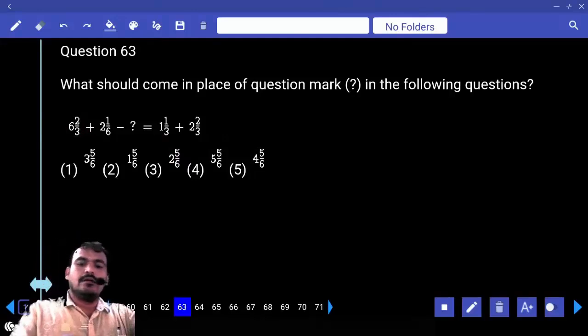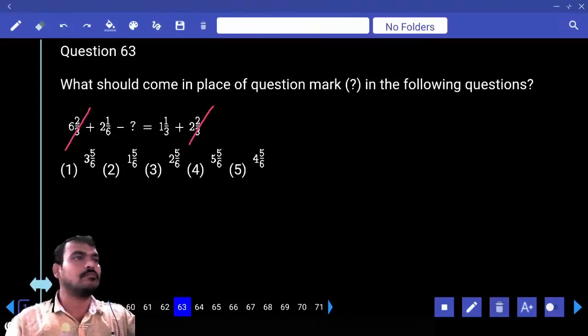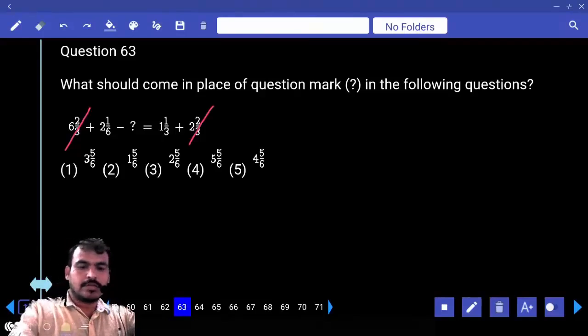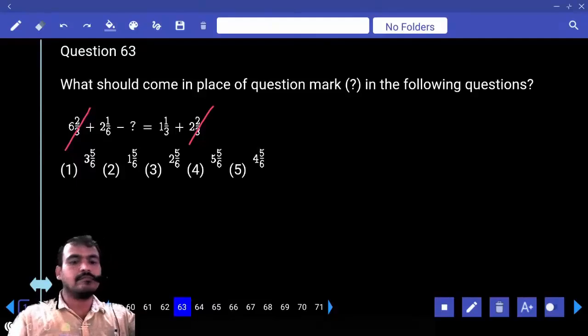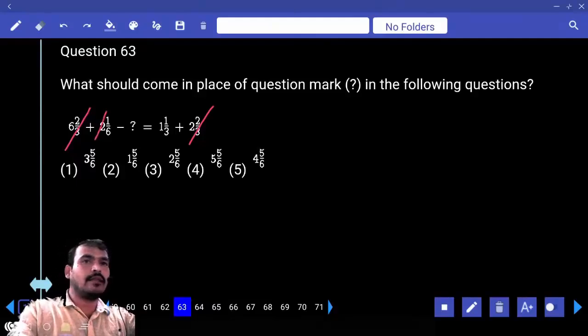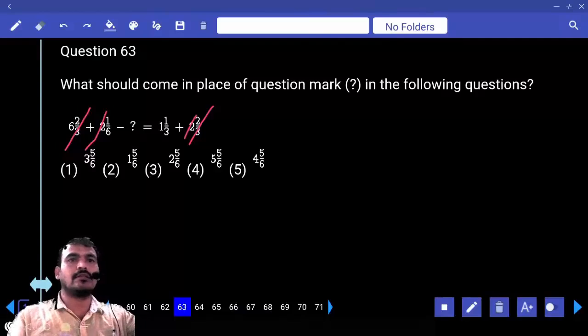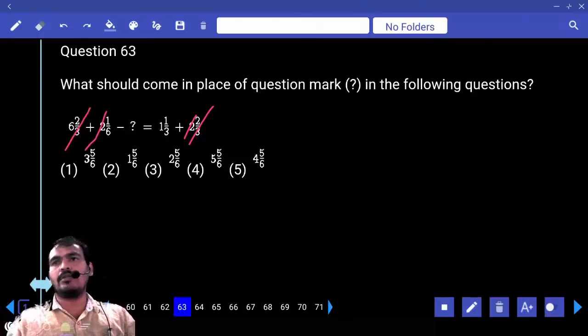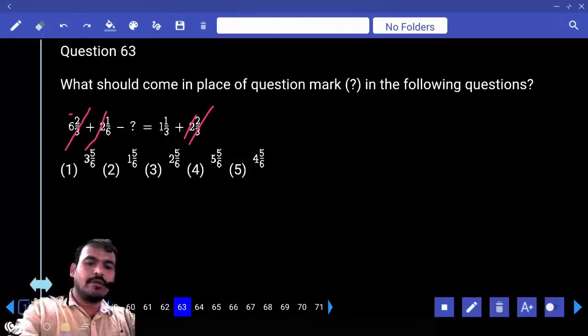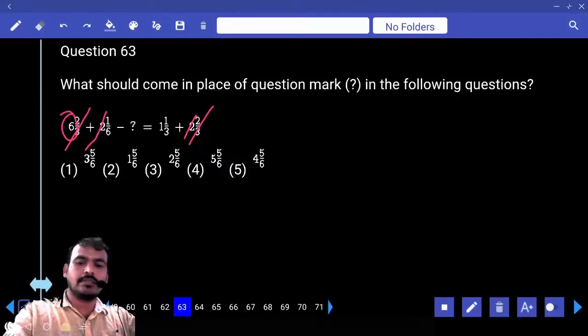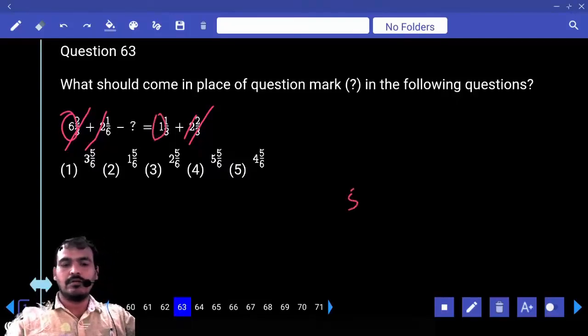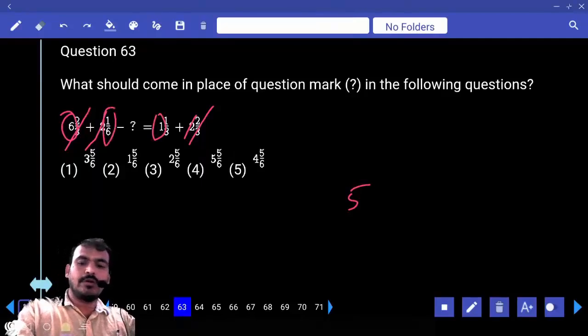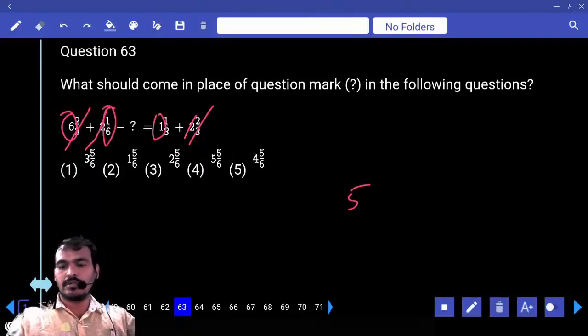Next, first the left hand side 2 by 3 and the right hand side 2 by 3 cancel. First priority, integers. Again, the left hand side integer value 2 and the right hand side integer 2 cancel. Both sides positive means it will be cancelled. What is the remaining value on the left hand side? 6. Right hand side 1. 6 minus 1, 5. Here, positive 1 by 6 or negative 1 by 6? Positive 1 by 6.